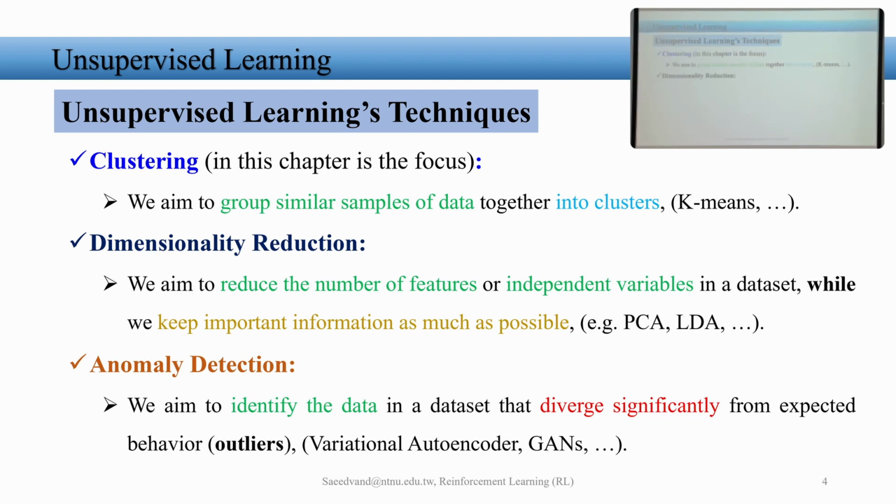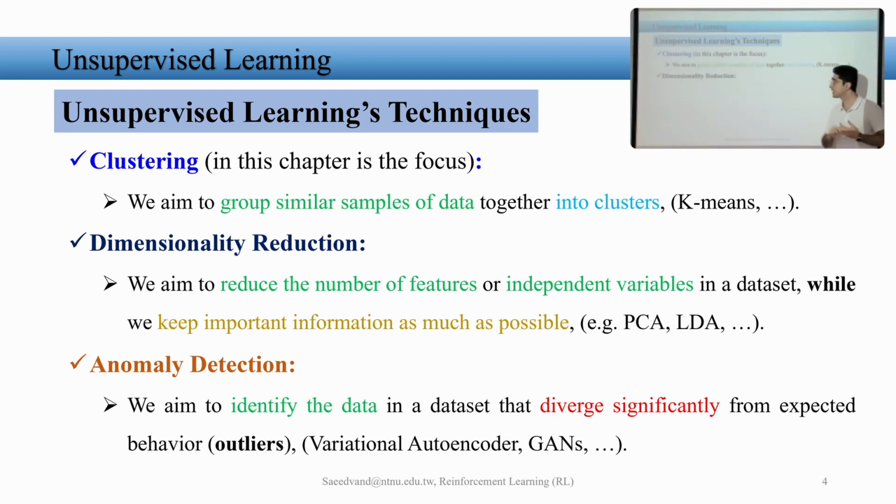The second application domain is dimensionality reduction. It means that we can use unsupervised learning to reduce the dimension of data. For example, you have data where each data point can have 100 features, 500 features, as the vectors that we were talking about, like age is one vector, weight is one vector, the salary is another vector, and we can add these features to our data.